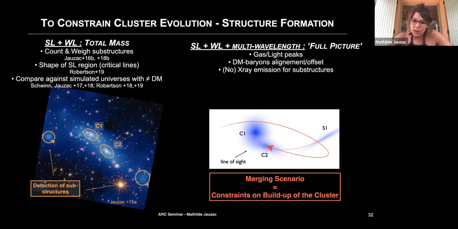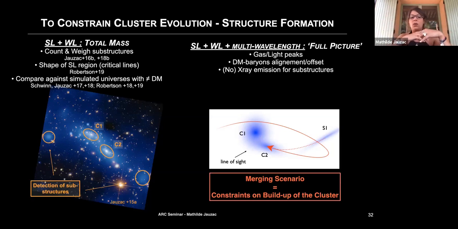One of the main ones that we're using is obviously X-rays, because it gives you the hot gas distribution in your cluster, which is the second most important component. What you're going to look at is the different gas, light or stellar distribution peaks compared to the dark matter, and that can give you insight into whether your cluster is merging, whether it is relaxed or not, and so on.